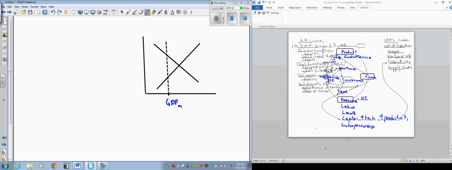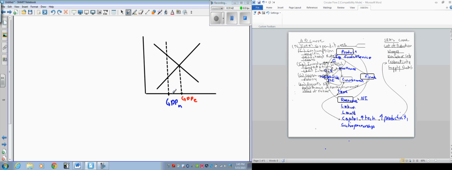That's overemployment. So I got GDP equilibrium. So what you need to do is you need to move this GDP equilibrium back to GDP natural. So notice that you're going to state in the result GDP equilibrium moves towards GDP natural.